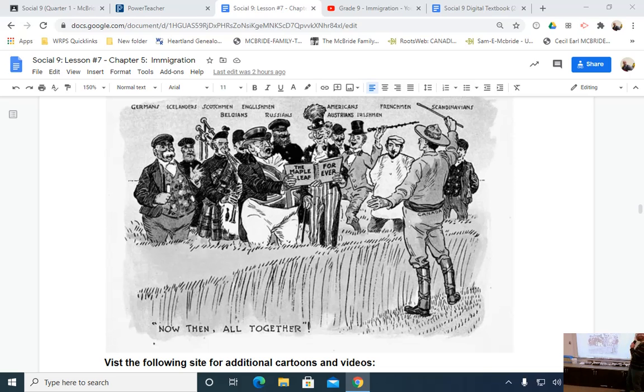Another thing that we looked at when we looked at the list here, Germans, Icelanders, Scotsmen, Belgians, etc., is that although it looks very diverse at first glance, they're very homogenized, right? It's all Europeans. It's quite a white group. So even though I, as an Irishman, look at a German or an American or a Russian or an Englishman as different than me, an Englishman is very different than an Irishman.